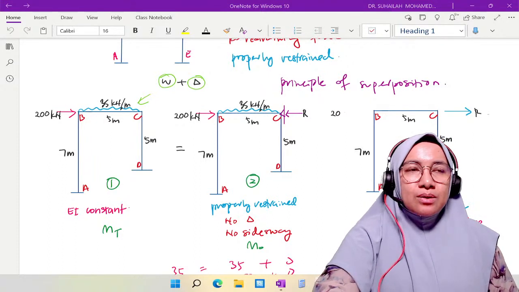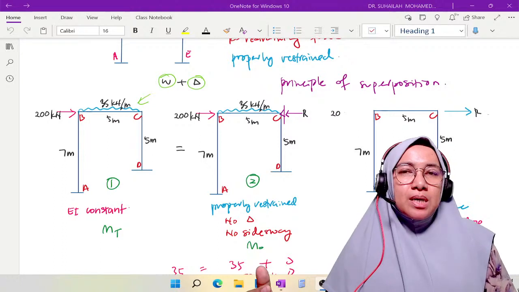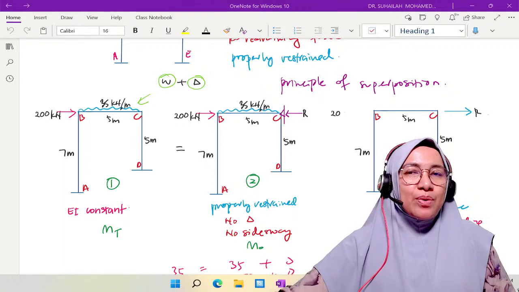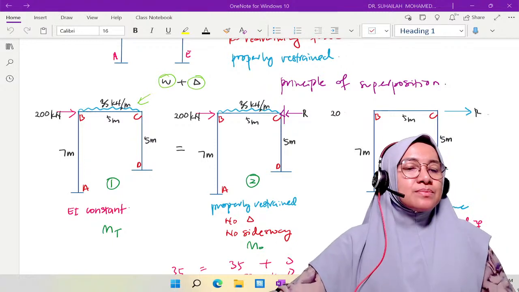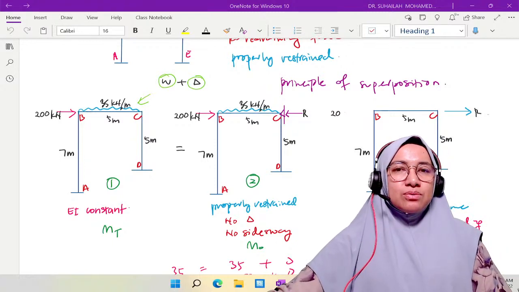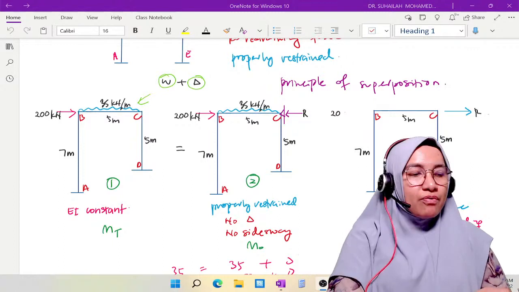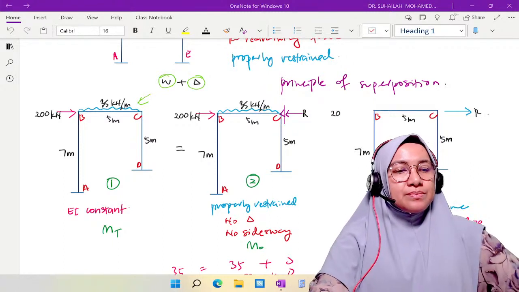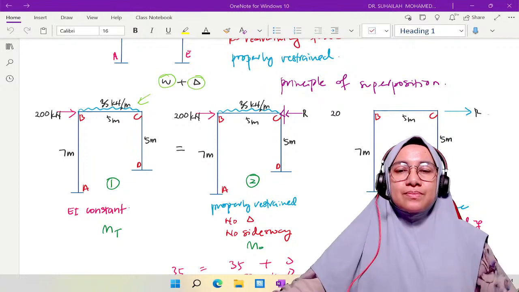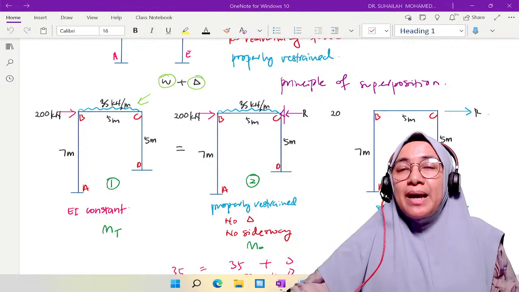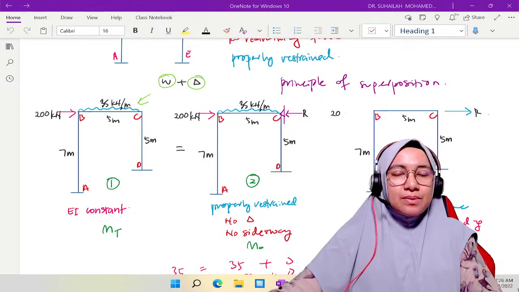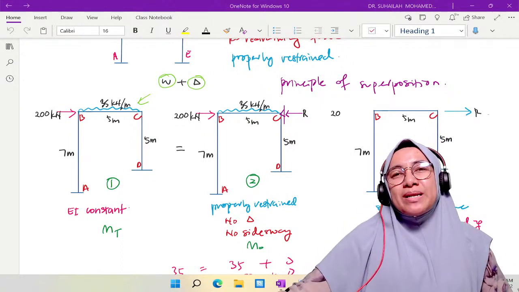Okay, considering the same frame that we have discussed previously, we will continue to solve the member end moment using a moment distribution method.